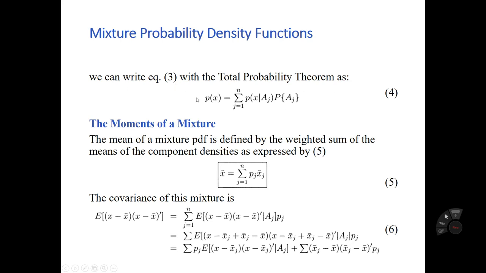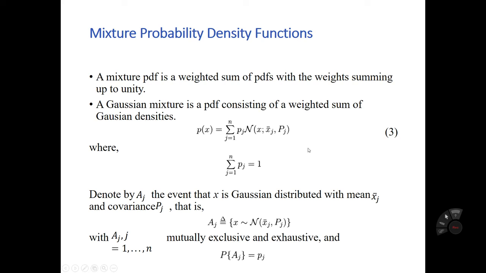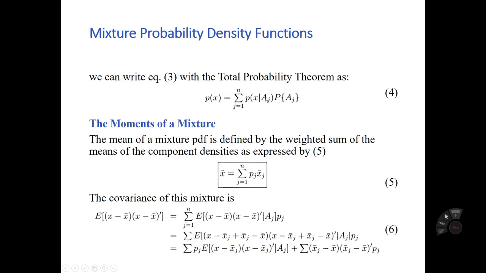You can write equation 3 using the total probability theorem. So this is again a weighted sum of the PDF of x.